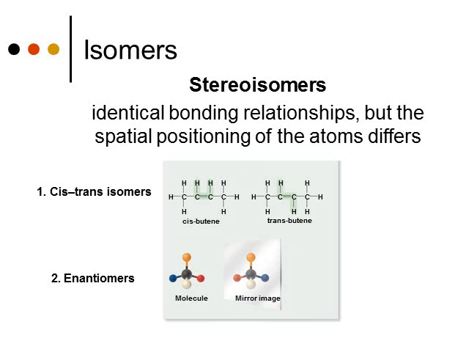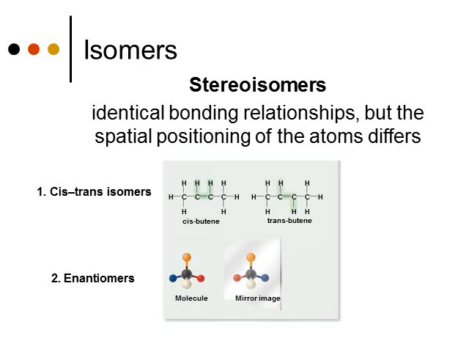Other types of isomers include stereoisomers. These are molecules that have identical molecular formulas, they have identical bonding relationships, but how the molecules look in 3D or spatial positioning actually differs. So one type is called a cis-trans isomer. This is the top one in the picture. Cis means that 2 atoms are on the same side of your carbon chain or ring.